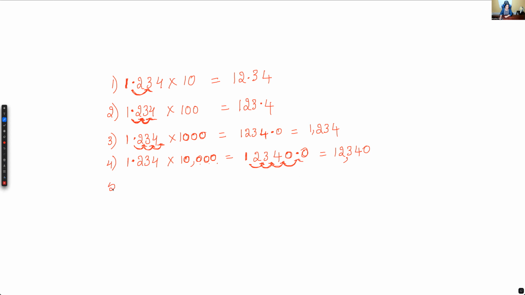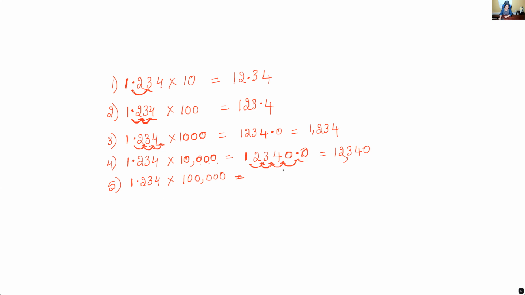Now, in the fifth example, we will do 1.234 times 100,000. In India, we will call this 1 lakh. But in America, you will call that one 100,000. So when you're multiplying it by 100,000, we have how many zeros? 1, 2, 3, 4, 5.